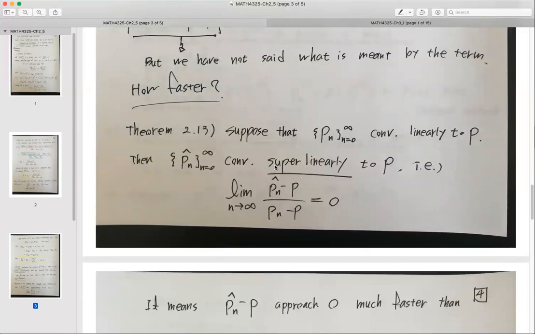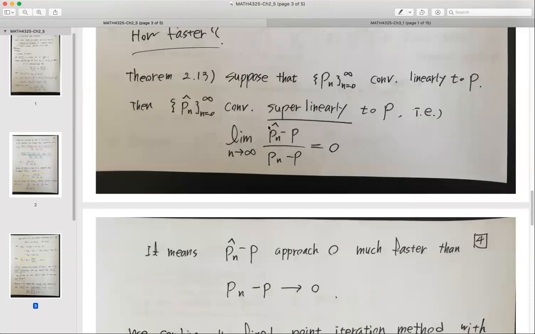Superlinearly to p means the limit of p n hat minus p over p n minus p is 0. Look at this: in the numerator is p n hat minus p, and the denominator is p n minus p. In what circumstance does that fraction equal 0? As n approaches infinity, p n approaches p and p n hat approaches p.